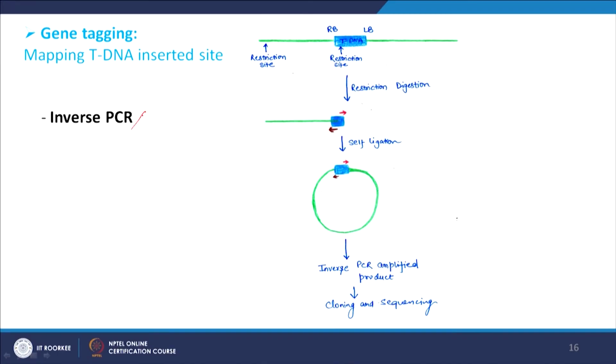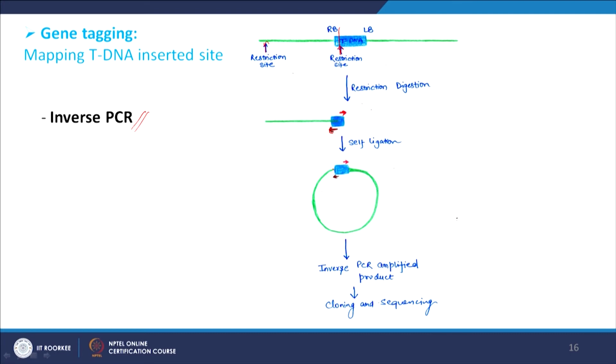The third way of identifying the site of insertion is inverse PCR. In inverse PCR, you choose a restriction site which cuts at least once in the tDNA and then somewhere in the genomic DNA. When you digest it, you know the sequence where it cuts, you design a primer which is specific to the tDNA and another primer which is specific to this region, and then you religate it.